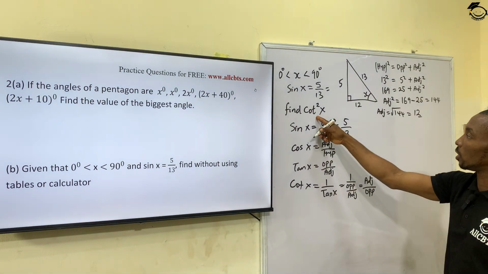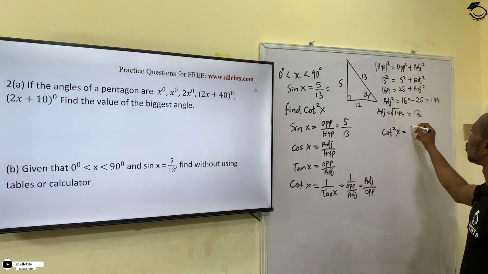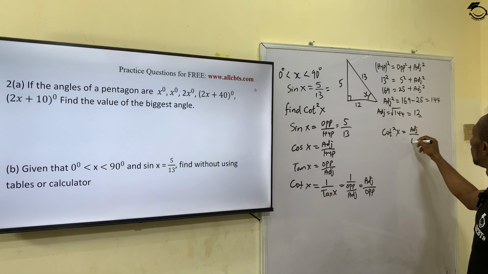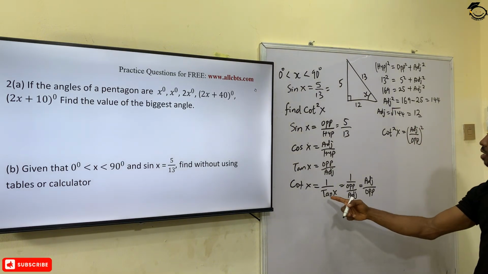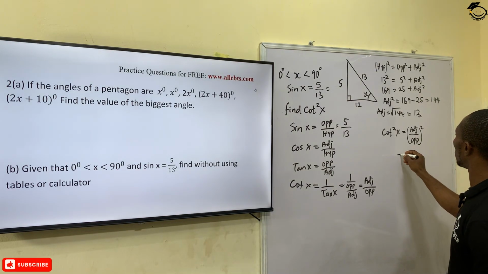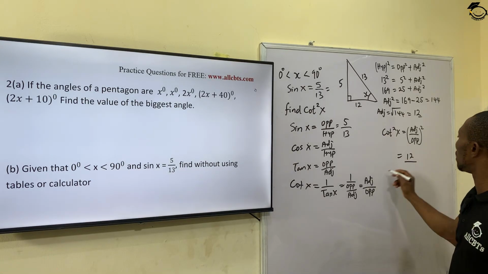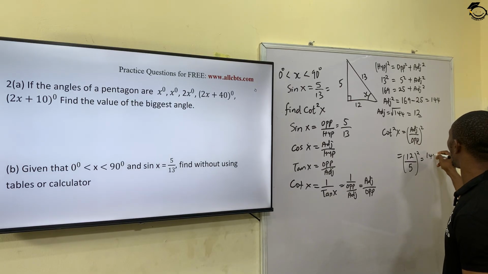Now back to our question of finding cot squared x, which is going to be adjacent over opposite, squared, since cot x is adjacent over opposite. So inputting this, our adjacent is 12 all over opposite is 5, all squared, which will give us 144 over 25.